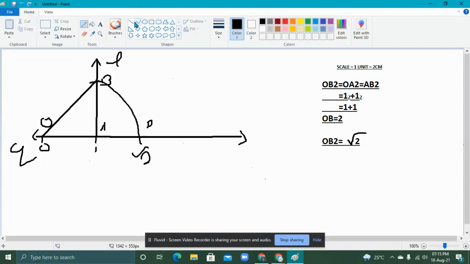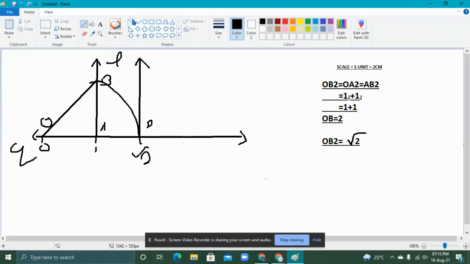Now, when you are plotting root 3, you have to draw a straight line as you have drawn in root 2, but this is a little different.